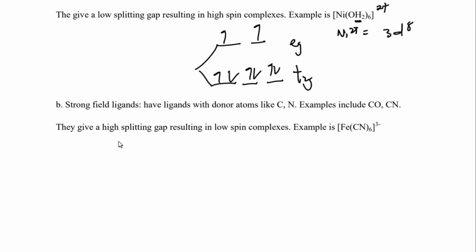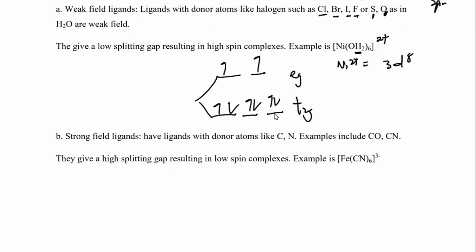Now when we talk of a strong field ligand, these are ligands with donor atoms like carbon and nitrogen. So CO is a strong field ligand, and CN is a strong field ligand.